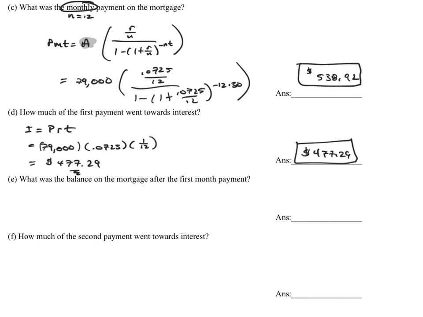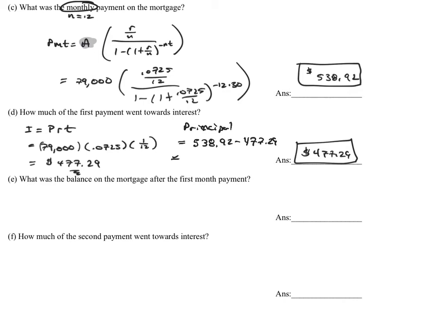Now it says, what was the balance on the mortgage after the first month's payment? After we've calculated interest, we can calculate how much goes towards principal. To do that, we take the total payment amount, which was $538.92, and subtract off the amount that goes towards interest, which was $477.29.